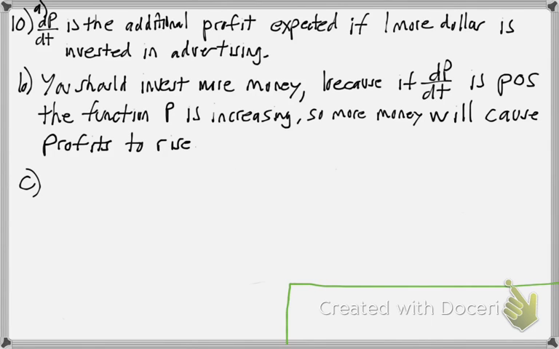With part C, it's a very similar question. It just says, if the marginal profit is negative, should you invest more or less money in advertising, and explain why? So this would be just the opposite.